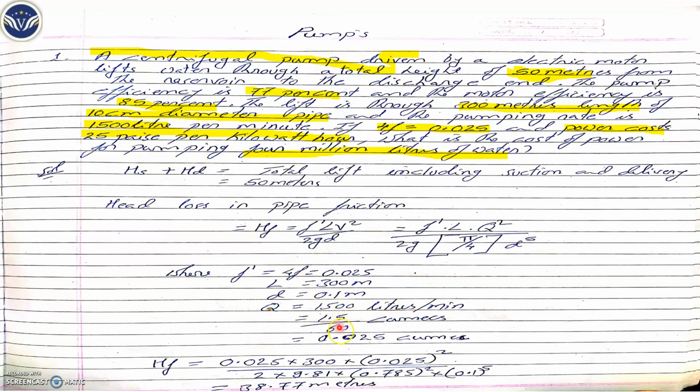So 1500 divided by 60, you will have in terms of cubic meters, that is 0.025 cubic meters per second. Okay, that is Q. So what we are doing here is substituting all the terms in this equation. So at the end we have got HF equals 38.77 meters.